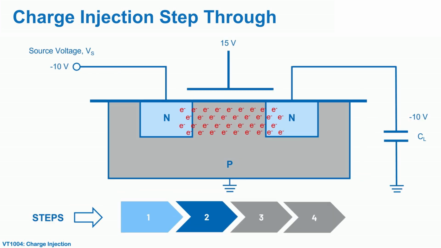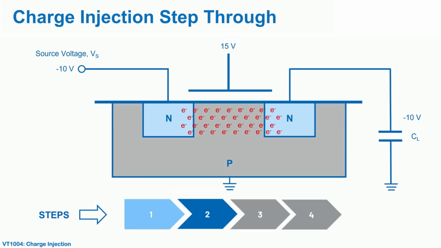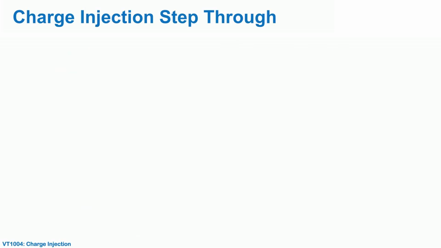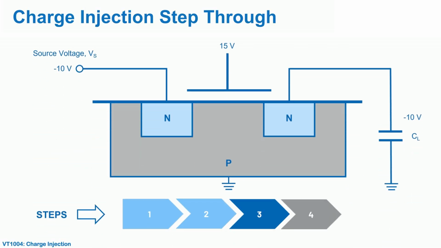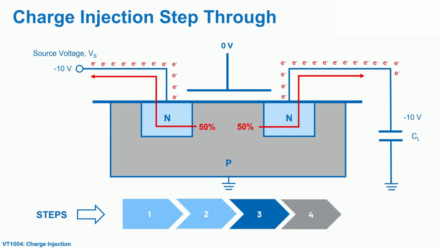Second step. The source voltage, which is at negative 10 volts, in this example, is now connected to the drain and the capacitive load on the output, CL. Third step. When the voltage is removed from the gate, the charge that formed the channel disperses, with approximately 50% going to the source and the remainder going to the drain.